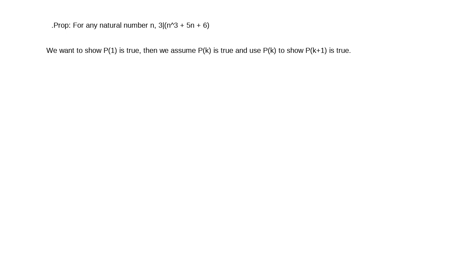Then we assume P of k is true. Then we use P of k to show P of k plus 1 is true. Okay, so this is our thinking process.